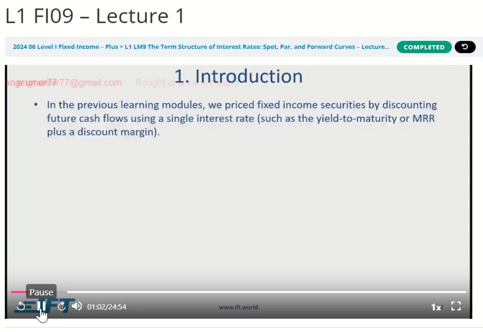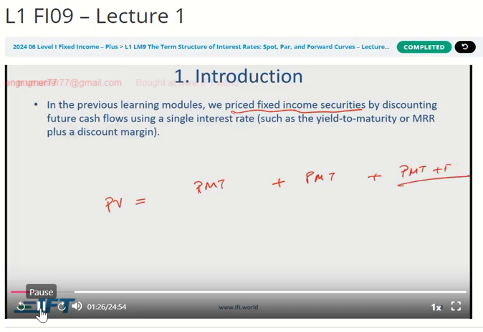So, what have we talked about in the previous learning modules? We said that we can price a fixed income security by taking its future payments and discounting these future payments back to today using a yield to maturity, right?